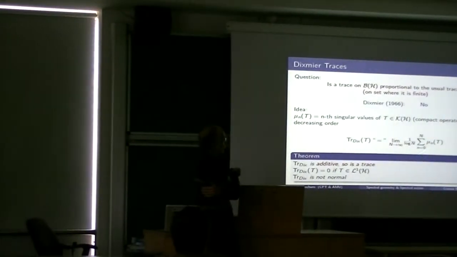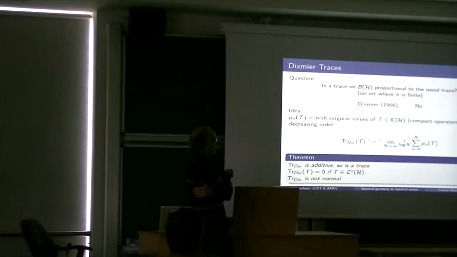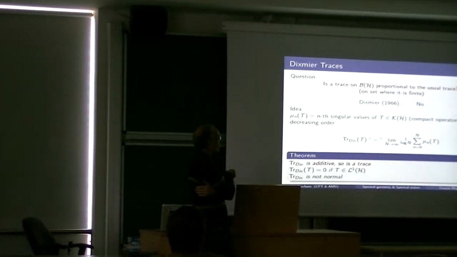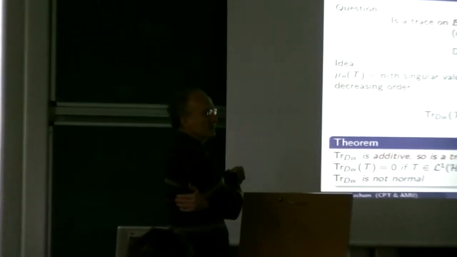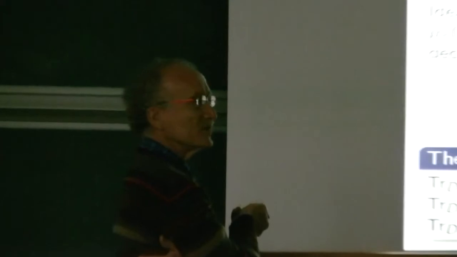Namely, the difficulty here is, why should this limit be additive? Namely, if T is T1 plus T2, why should it be the sum for T1 and T2? Because you have this renormalization.